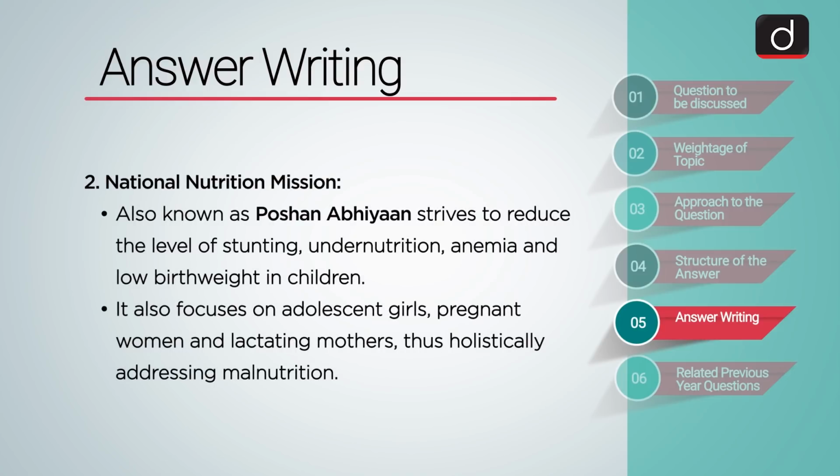National Nutrition Mission, also known as Poshan Abhiyan, strives to reduce the level of stunting, undernutrition, anemia, and low birth weight in children. It also focuses on adolescent girls, pregnant women, and lactating mothers, thus holistically addressing malnutrition.